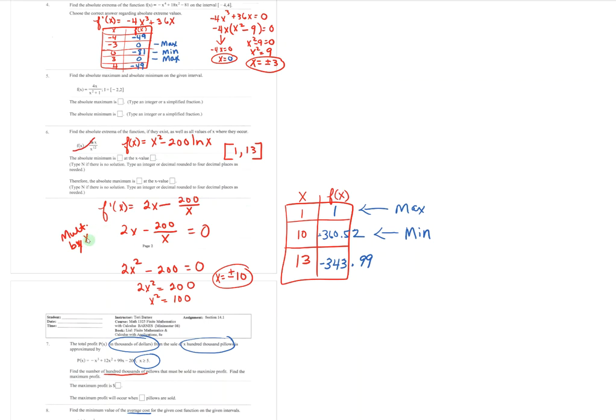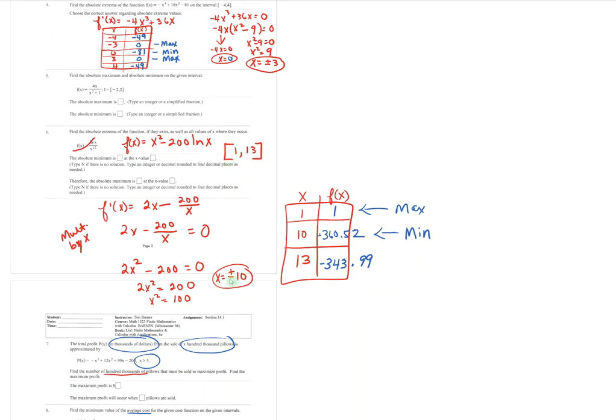So if I multiply by x here, once I set that equal to 0, I've got 2x squared minus 200 equals 0. Add 200 to the other side, x squared is 100, and x then is plus or minus 10. So those are our critical numbers, and you have 1 and 13.